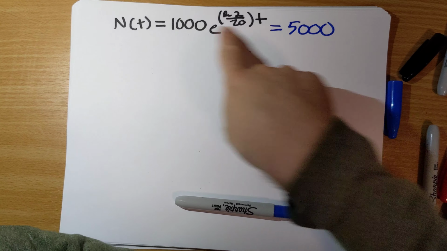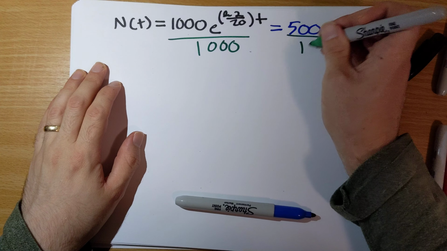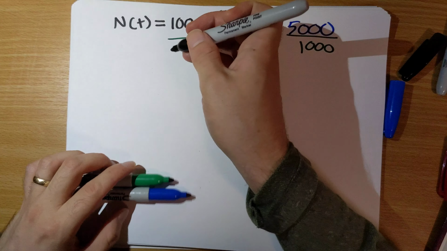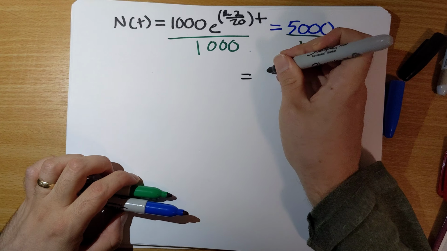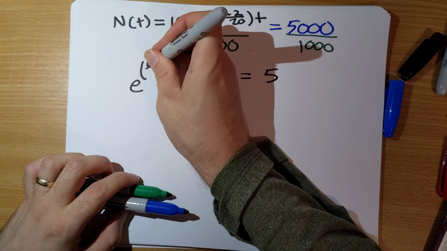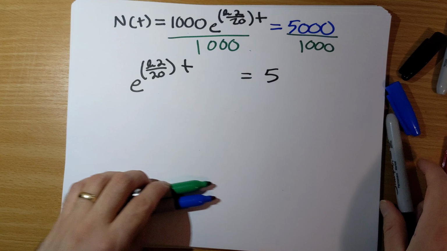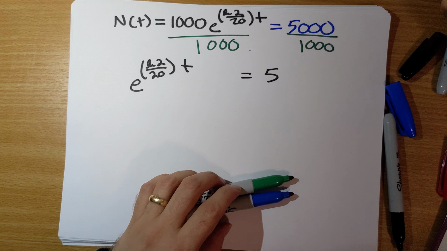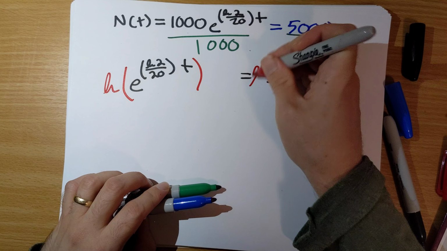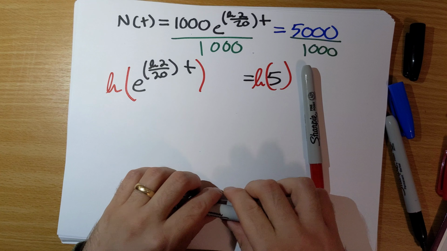And so now we're going to solve the equation for t. How do we do that? Well, let's start off by dividing both sides by 1,000. We are left with 5 on the left, and e to the natural log of 2, all of that over 20 times t on the right. Once again, let's take natural log of both sides to bring down the exponent.